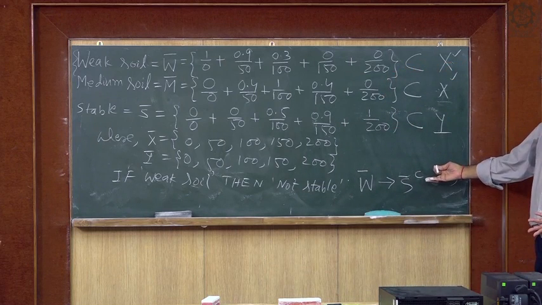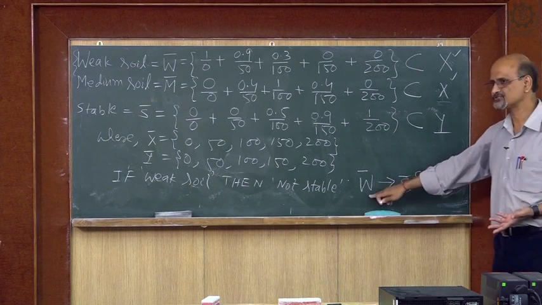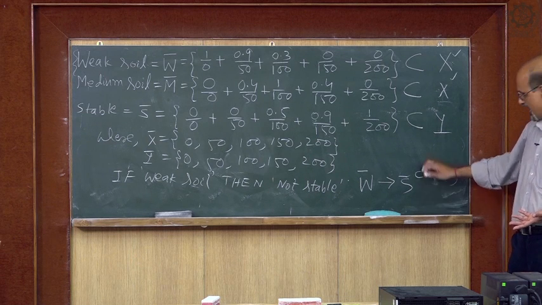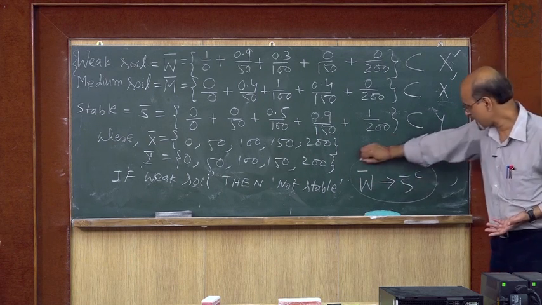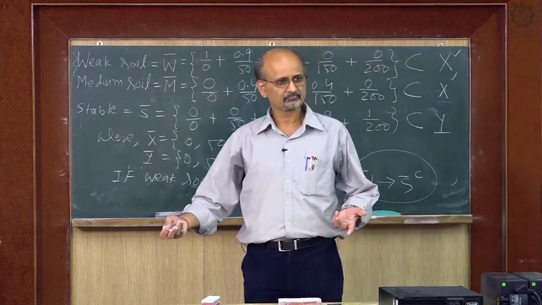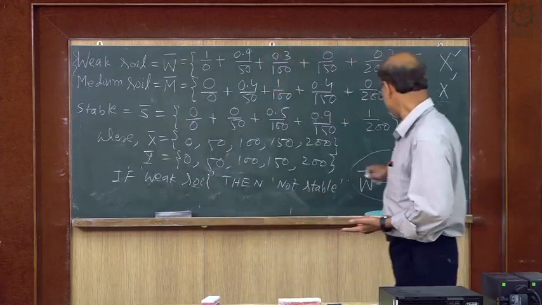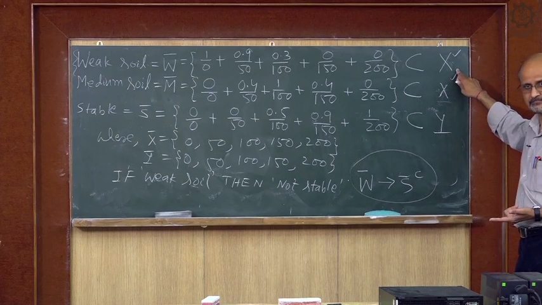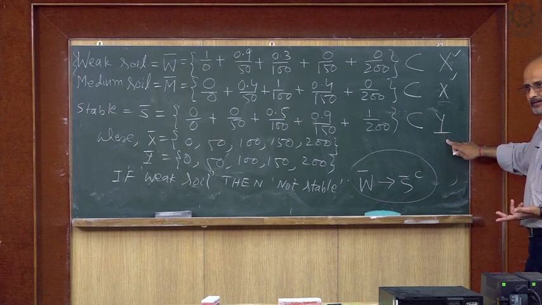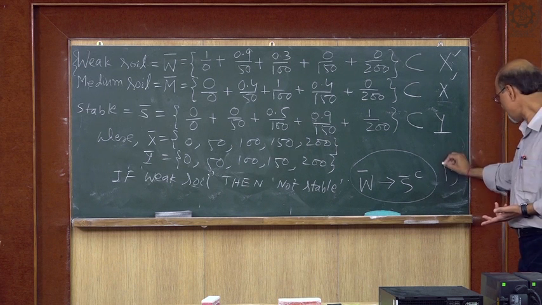If weak soil, then not stable, its complement. And this information I can have in terms of a relation matrix, because you see here W bar is in X, S bar and S bar complement will be in Y. Okay? So, I can have your R bar.